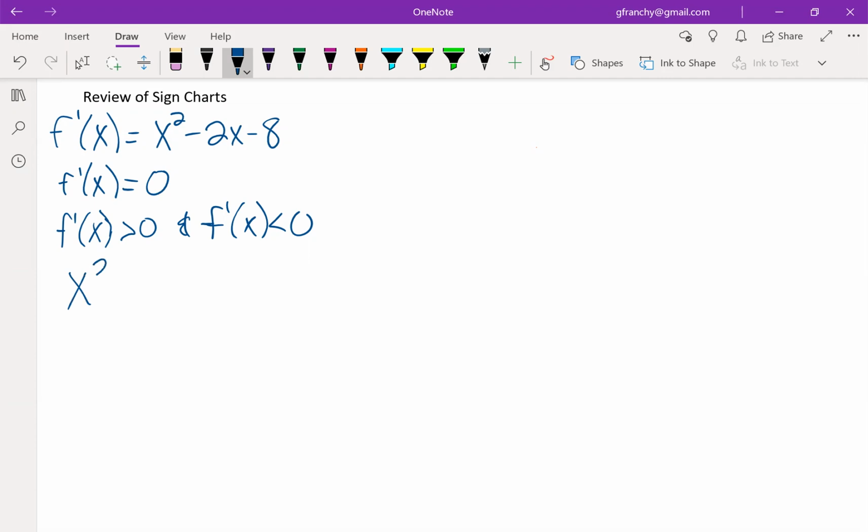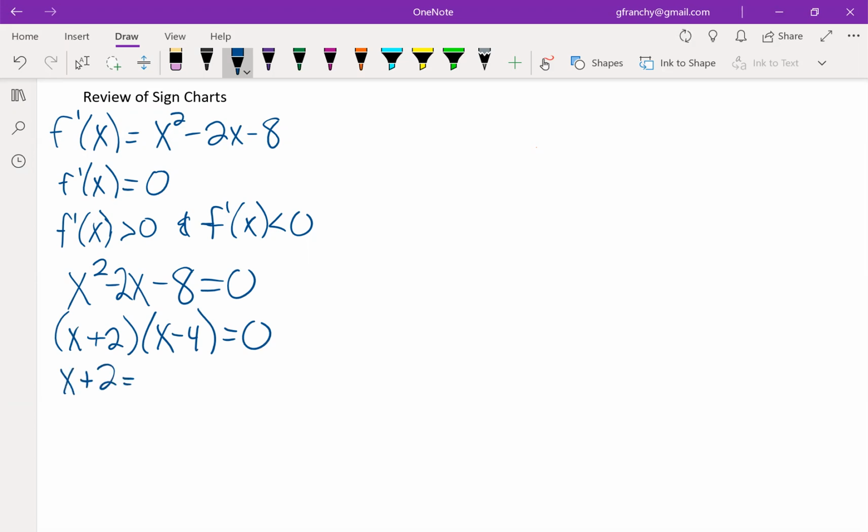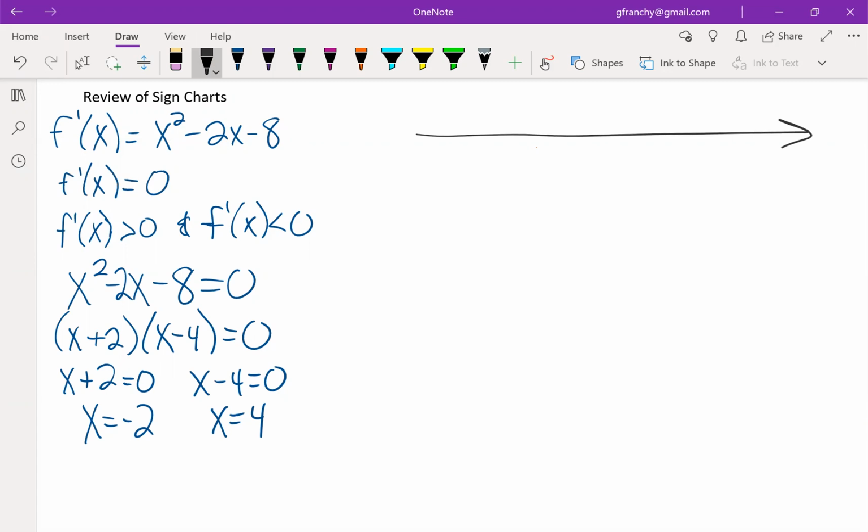And when we've done sign charts before, we have set our items equal to 0. And then what we've done is on a number line, put in these values.